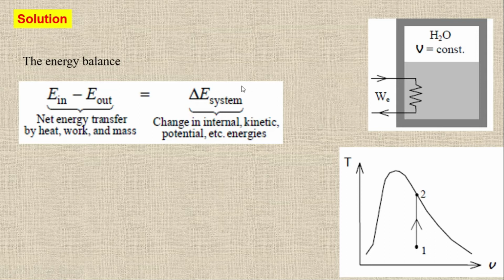On the other hand, we have only a constant volume process, and here we will only get delta U. There is no energy out, and energy in is only electric work.